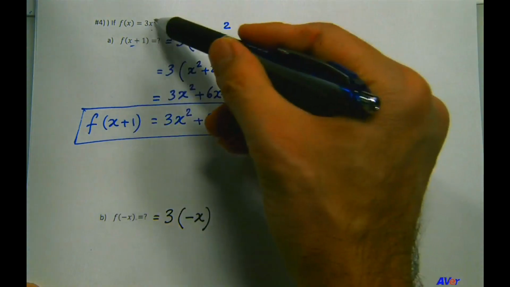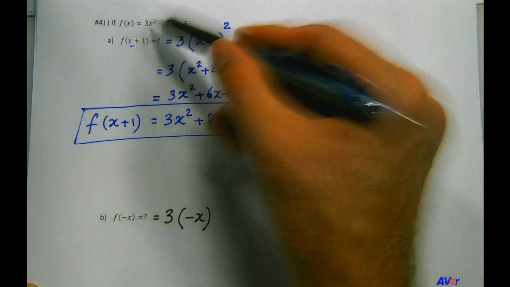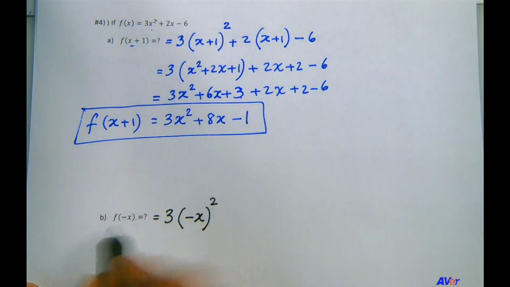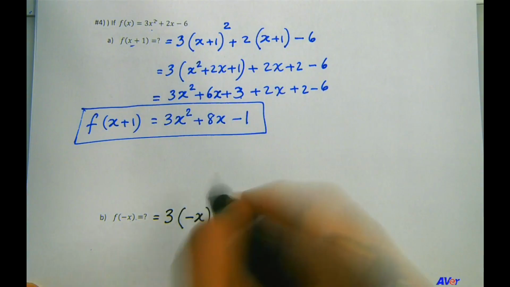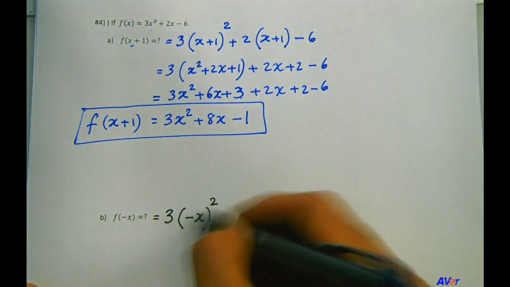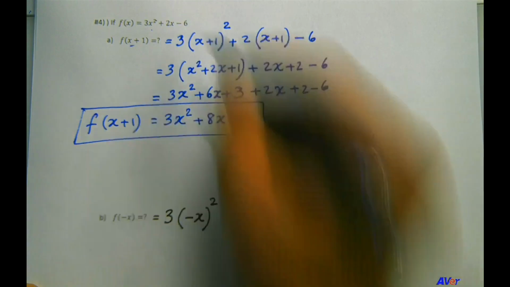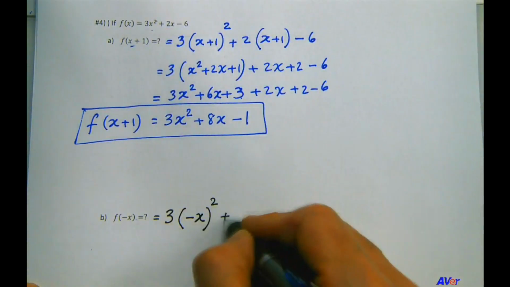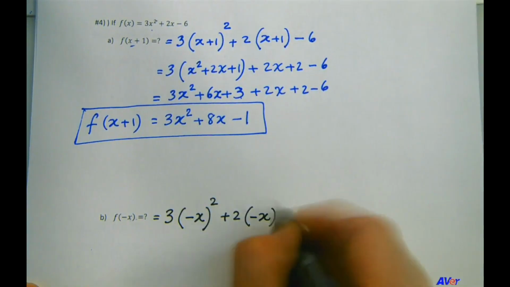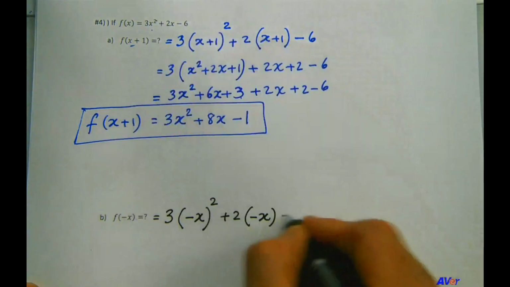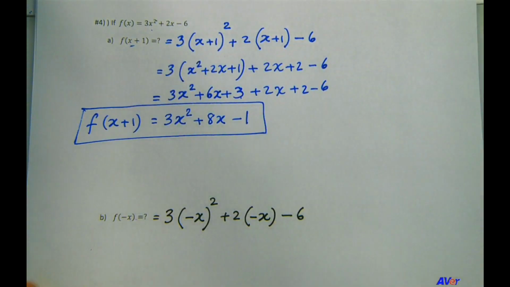Notice here the power 2 is applying to all of x. So once I replace x with minus x, then power 2 applies to all of negative x. Plus 2 times x, plus 2 times negative x, right? Minus 6. I hope this is making sense to everybody.